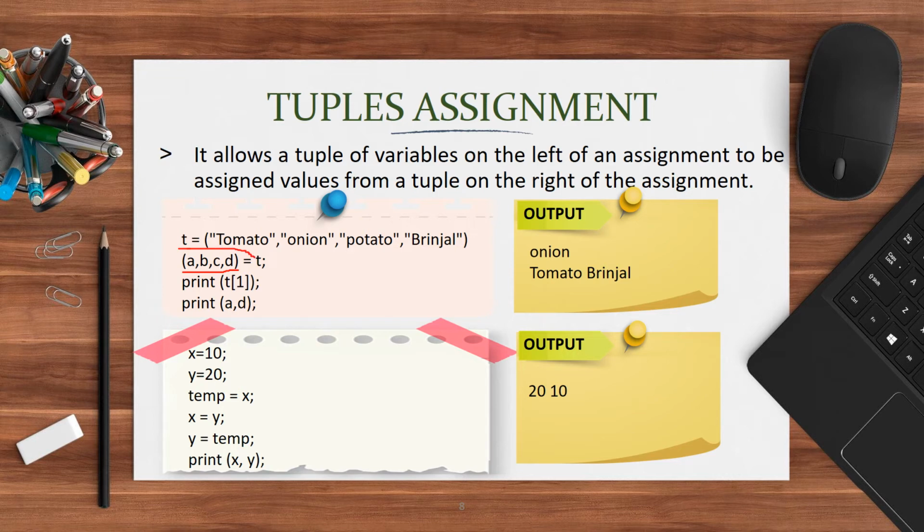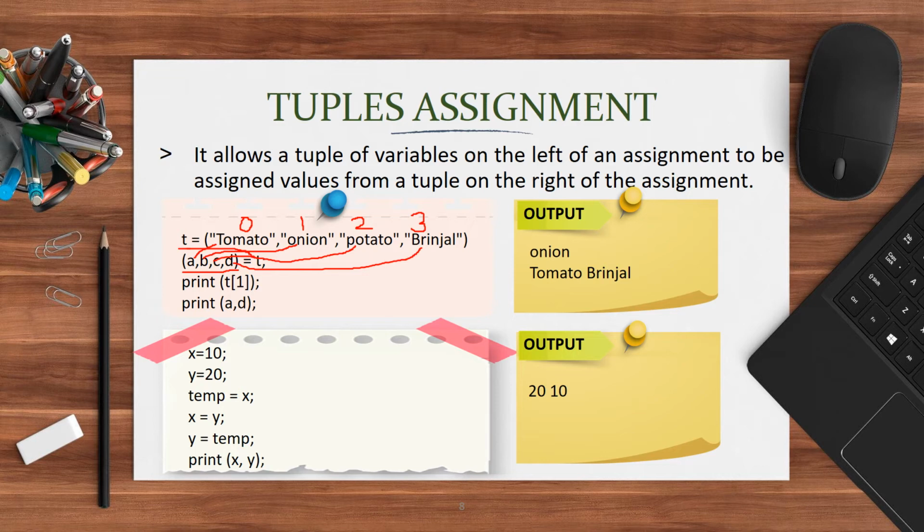So what it will do is, now a is matched with tomato, b is matched with onion, c is matched with potato, and d is matched with brinjal. So when I print, the index will be from 0, this one is 1, this is 2, and this one is 3.